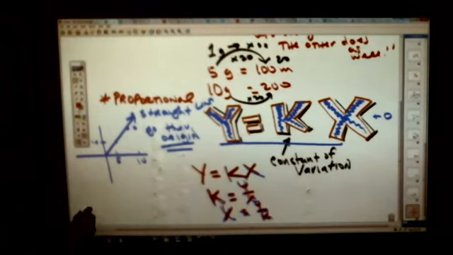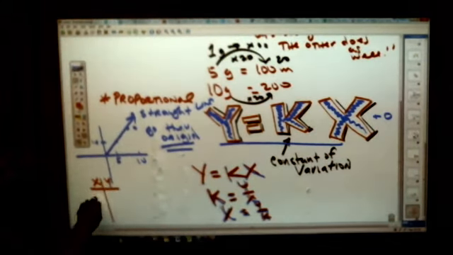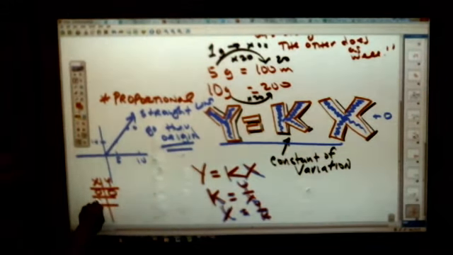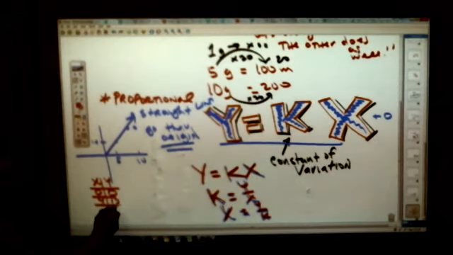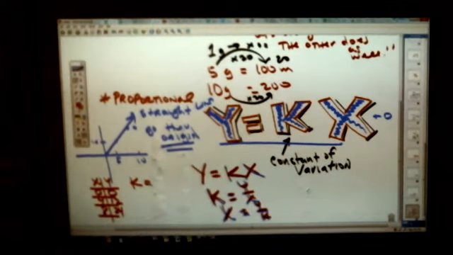What if I had this? If you had a table of x and y values, and this was 0, and this was 0, which it would have to be, and this was 4, and this was 12, and this was 8, and this was 24, and I asked you what k was, what is my constant of variation there?